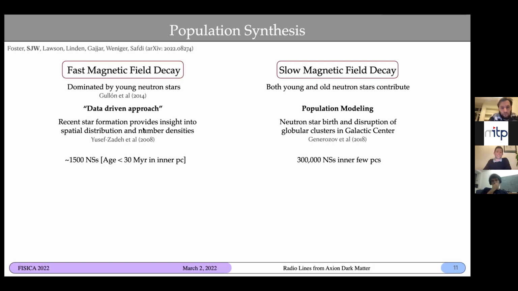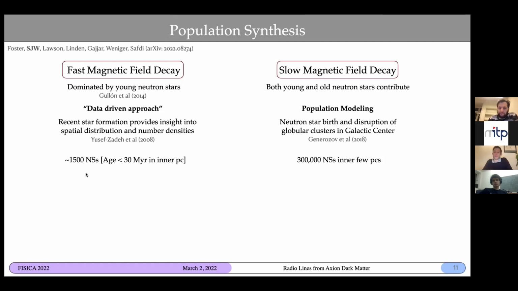And in this case, we can actually take a more data-driven approach. We can use recent observations of star formation activity in the inner parsecs of the galaxy to try and reconstruct or estimate the number densities of neutron stars and the spatial distributions of neutron stars. And in particular, we find that these models tend to predict about 1,500 neutron stars with ages less than 30 mega-years in the inner parsec.